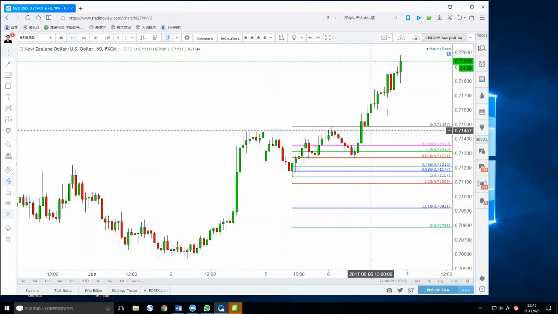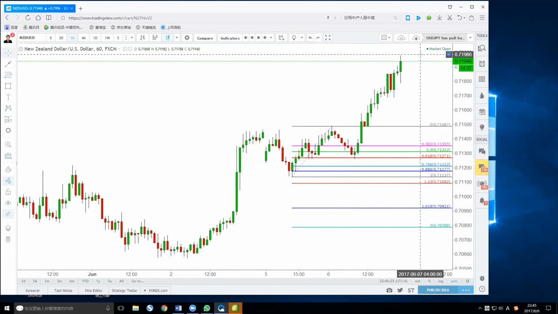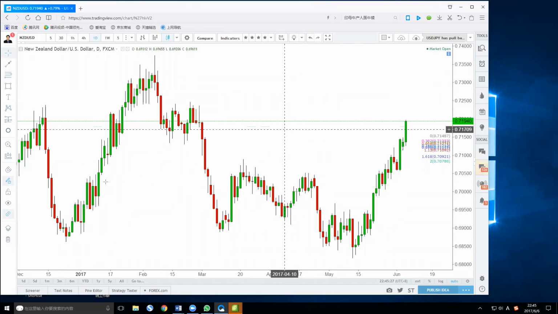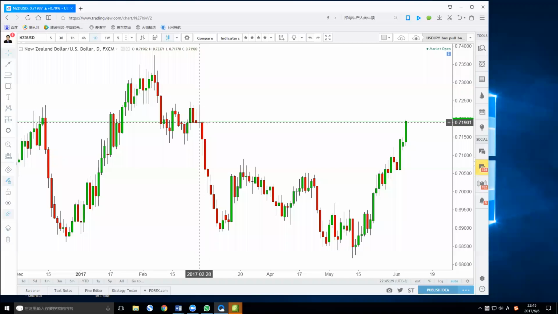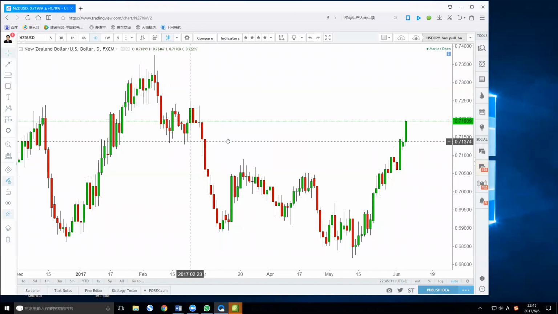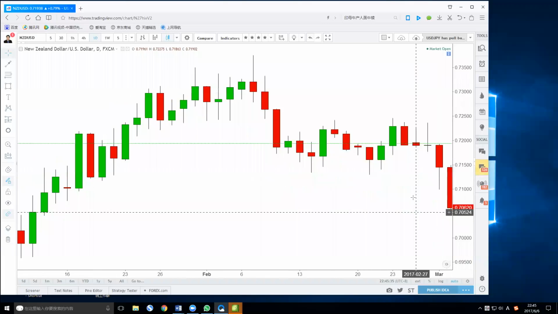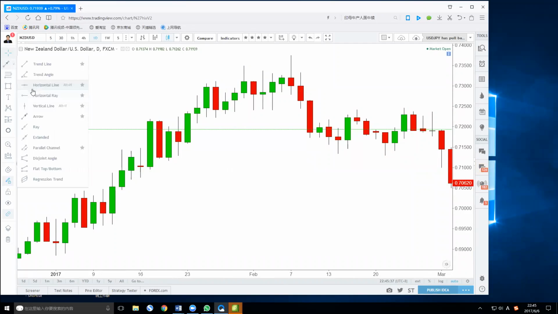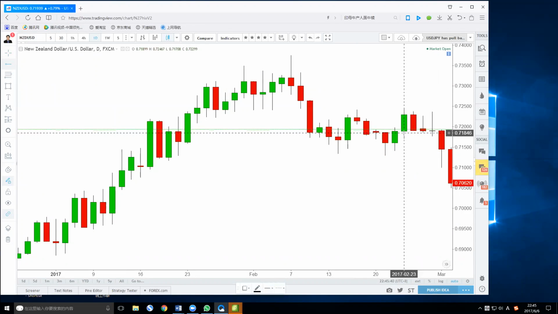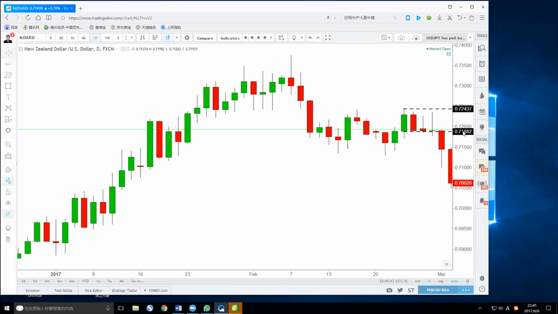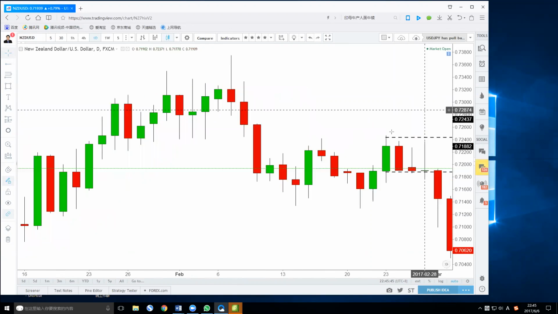And right now the Kiwi is testing the 0.72 level. Look at the daily chart. It actually goes to this structure here. This is actually an original move of this downtrend. So you can assume that there are buyers from 0.7188 to 0.7247 previously.